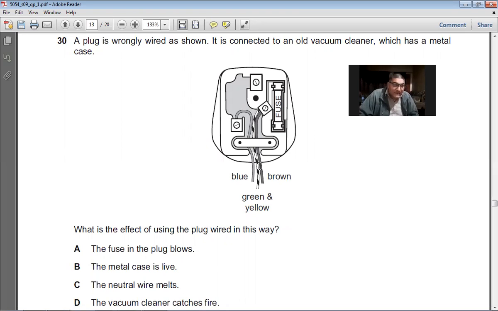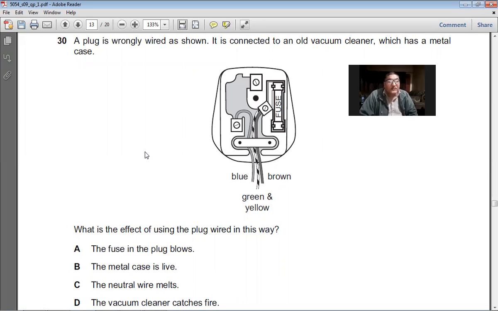So you can see that these two are together. So you have basically connected the live and the earth wire together. So when you do this, what will happen? The casing, because the earth wire is connected with the casing of any device, and when you have connected the live and that earth wire together, the whole body of that appliance will become live.